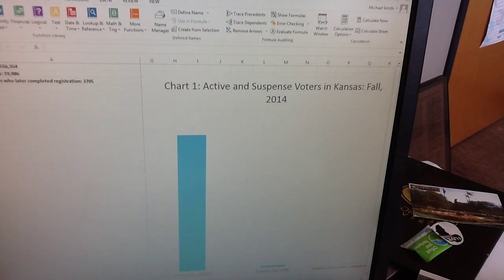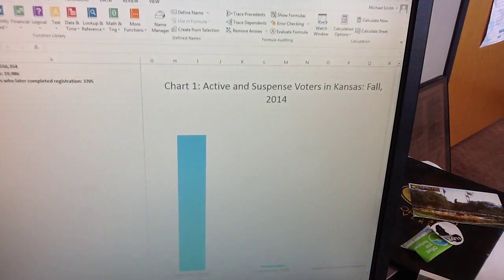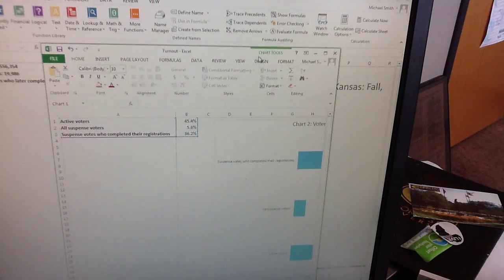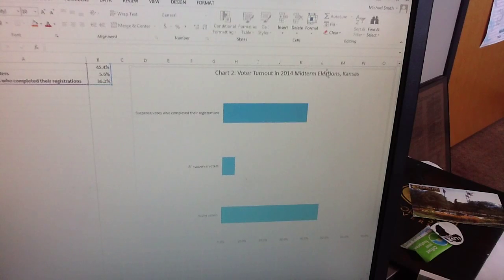Let me show you a chart on the voter turnout. Here we go. So, of all voters, the turnout rate in the 2014 midterm elections was 45.4%.